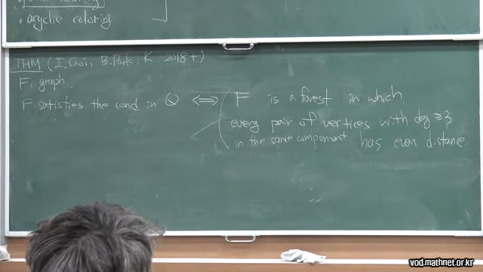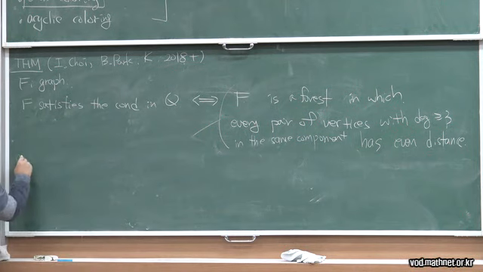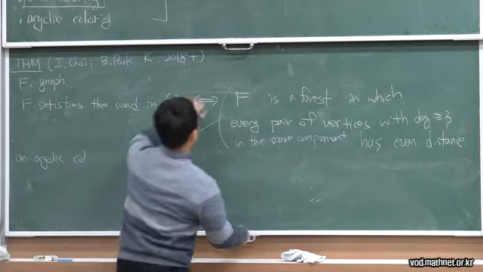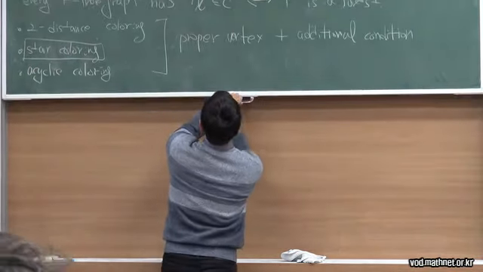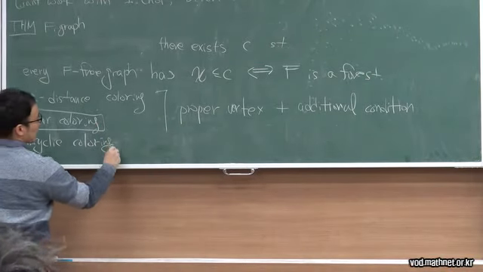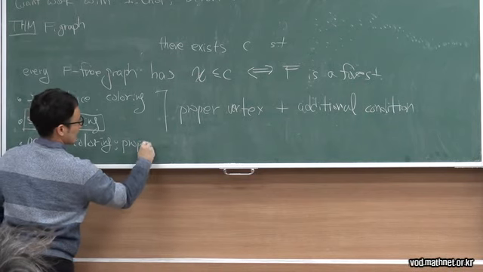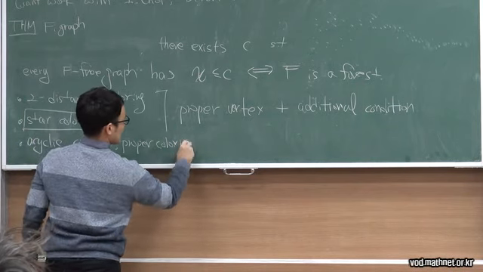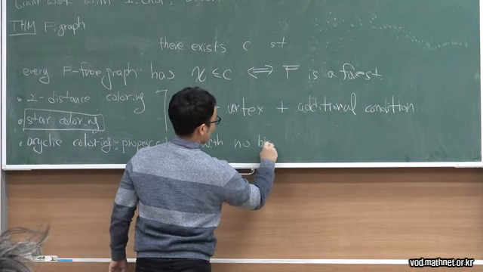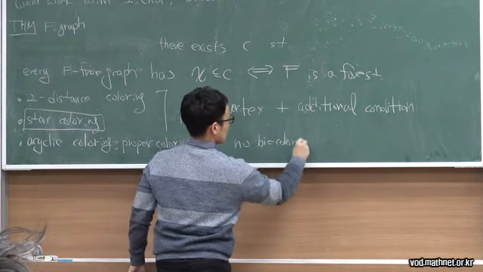And for acyclic coloring, let me define acyclic coloring here. It's just a proper coloring with no bicolored cycles.